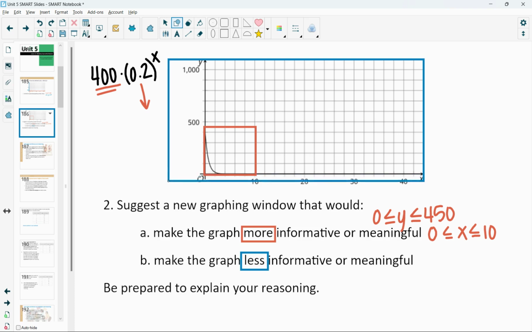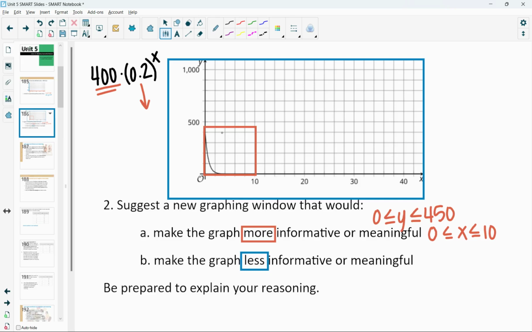It's called an asymptote. So adding in negative values below this x-axis, so negative values for the y, also isn't going to be helpful. So if we wanted to make this less, I left this border the same, right? I left the max, the top of the x's and the top of the y's the same, but we would add in some negative values.